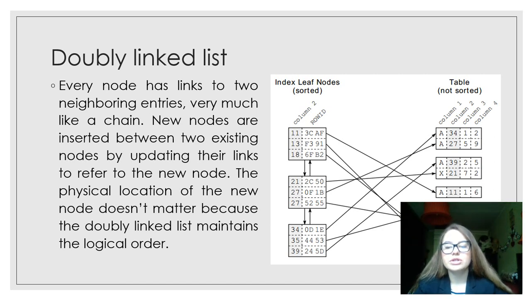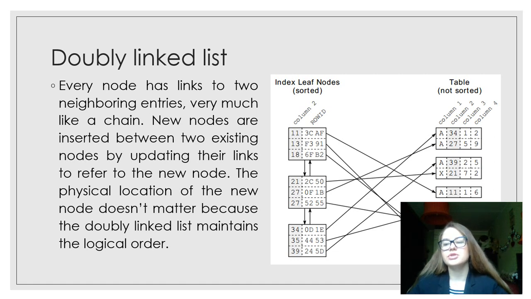The logical order is established via a doubly linked list. The data structure is called a doubly linked list because each node refers to the preceding and the following node. It enables the database to read the index forwards or backwards as needed. It is thus possible to insert new entries without moving large amounts of data.